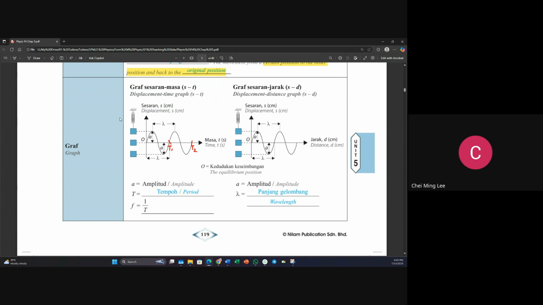The displacement-distance graph is used when you are studying marine science, especially when you're talking about sonar, underwater waves to check the depth of the seabed or something like that.